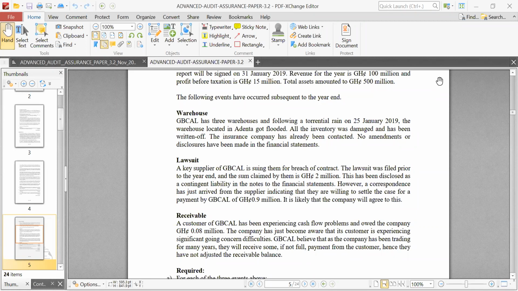It is likely that the company will agree to this. Does this change it being an adjusting event? What do you guys think? Does it change it being an adjusting event?